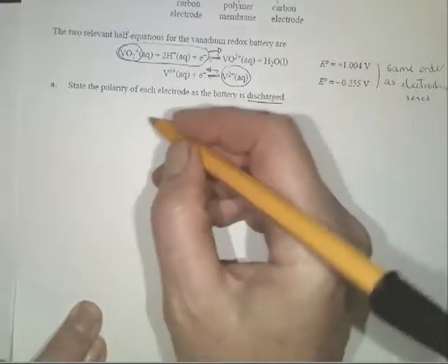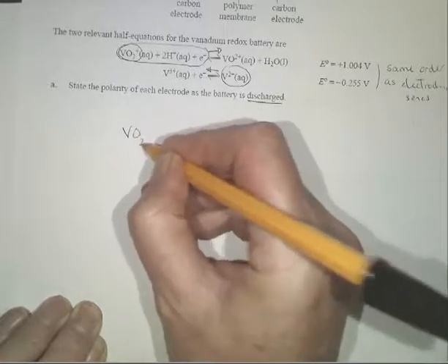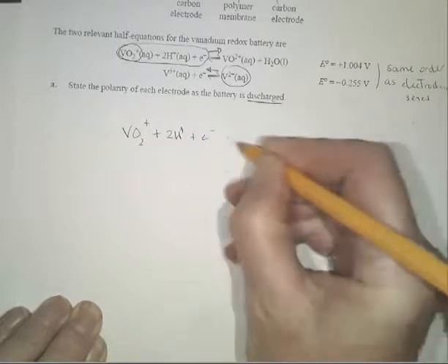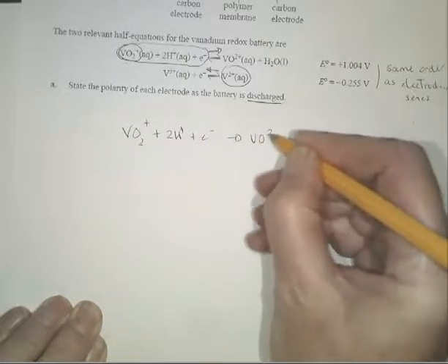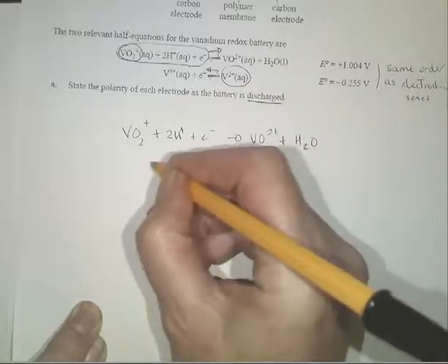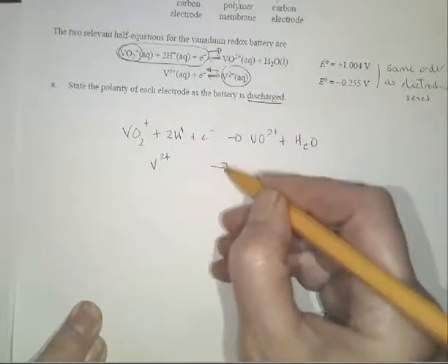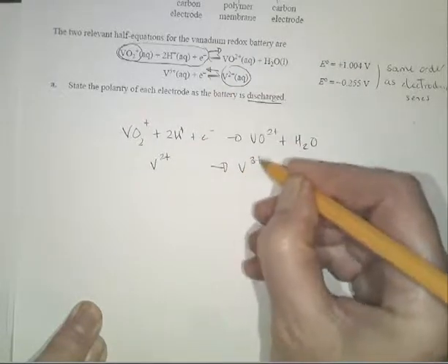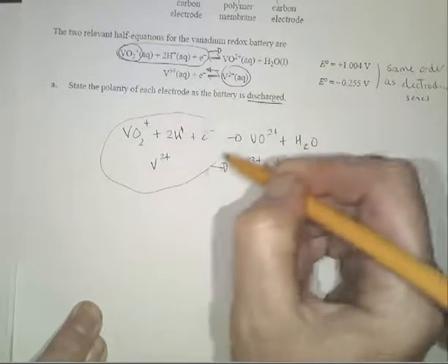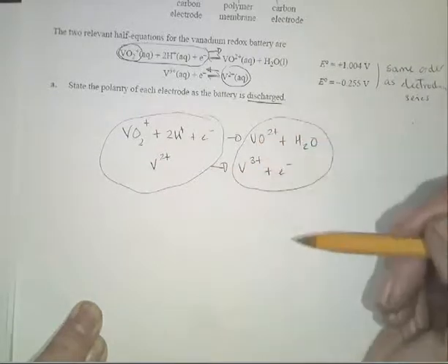If I write this out properly, the discharge reaction would be the VO2 plus 2H plus, making VO2 plus H2O, and then this you write around the other way. You pick this up, flip it over, so that you're writing it as an oxidation reaction, and then you put everything on the left together as the reactants and everything on the right together as the products.